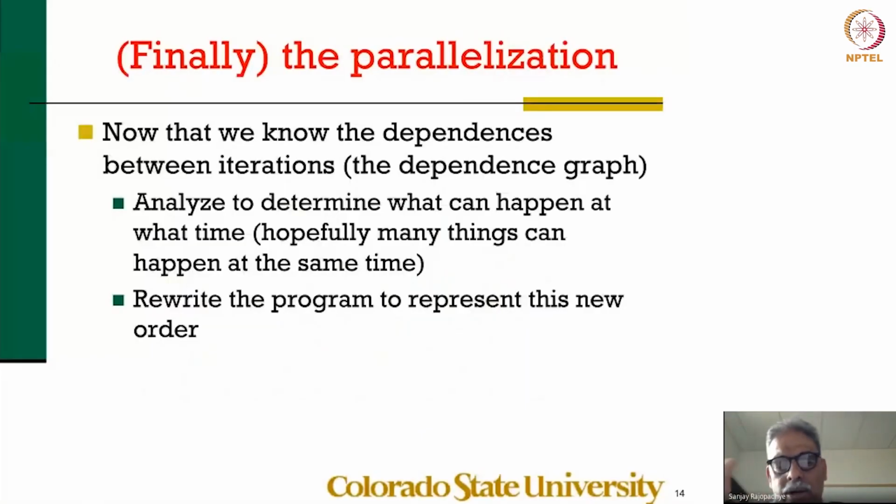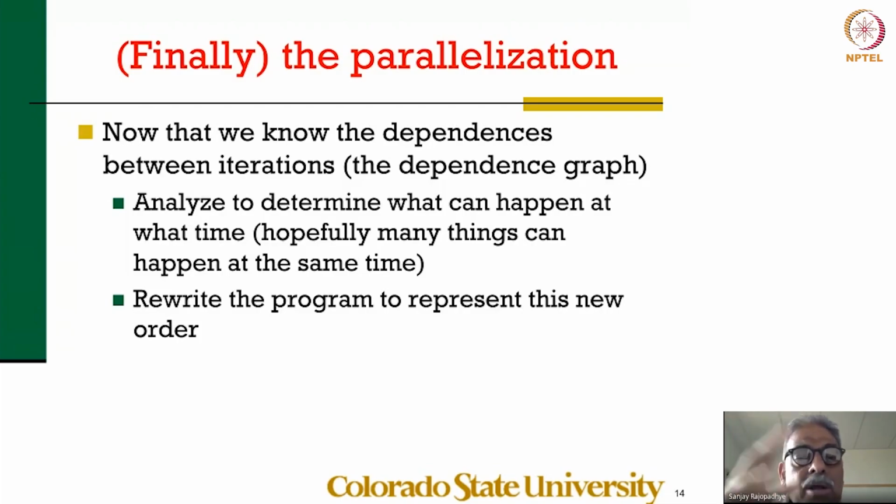Now we look at parallelization. So data flow analysis is being done, and you have figured out that you have a program in which at any point in the iteration space, I can tell you what that point depends on as a function of that point, as an affine function of that point. So I have iteration space to iteration space functions that tell me which iteration depends on which iteration.